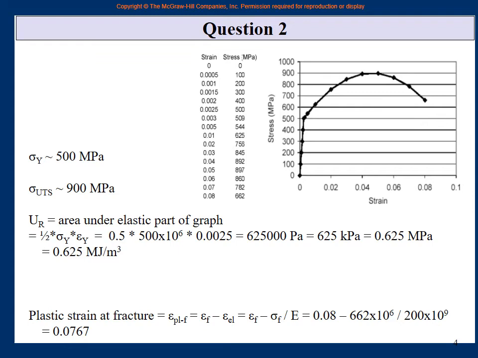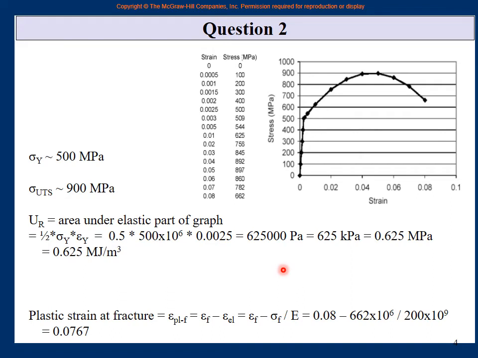You see, if this is a vertical line and you have this line, now the slope of this line is exactly the same as the slope of this line, which is E, the Young's modulus, right? So if you have calculated the Young's modulus already, then you can use it.